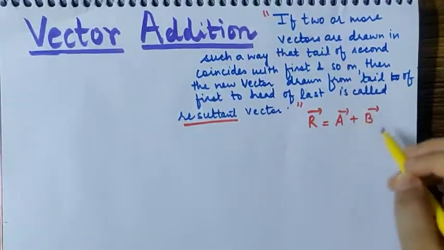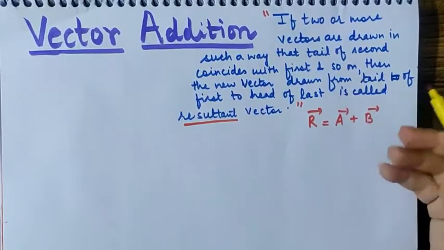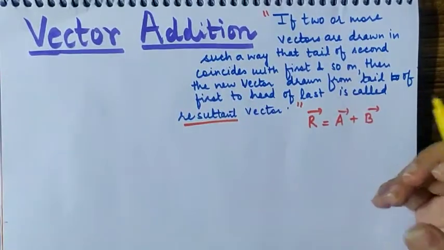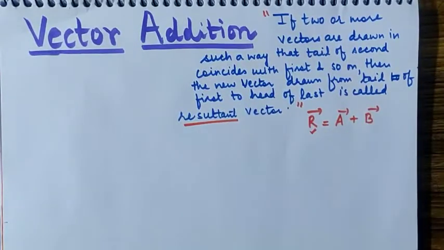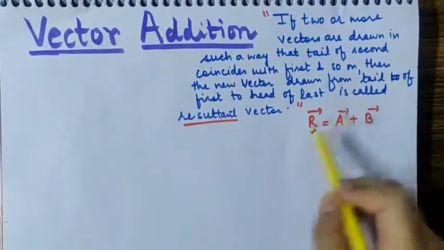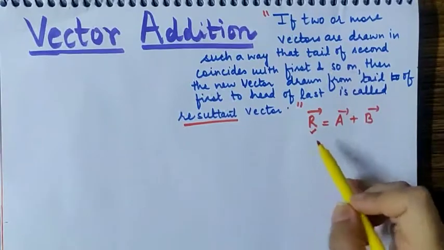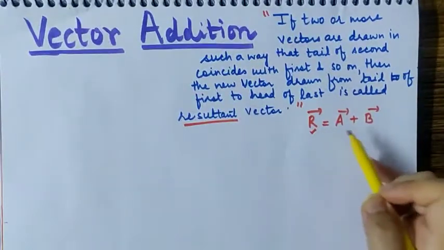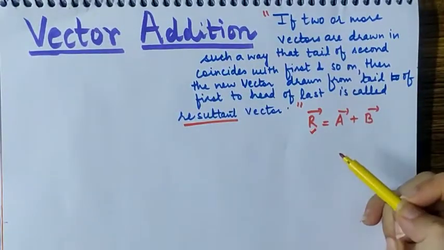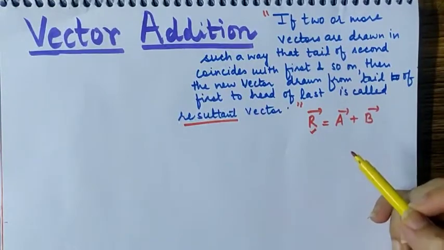So the total effect produced by the two vectors taken together is termed the resultant vector. Meaning, a single vector R can produce the same effect as A and B were doing together. I hope it is clear now.